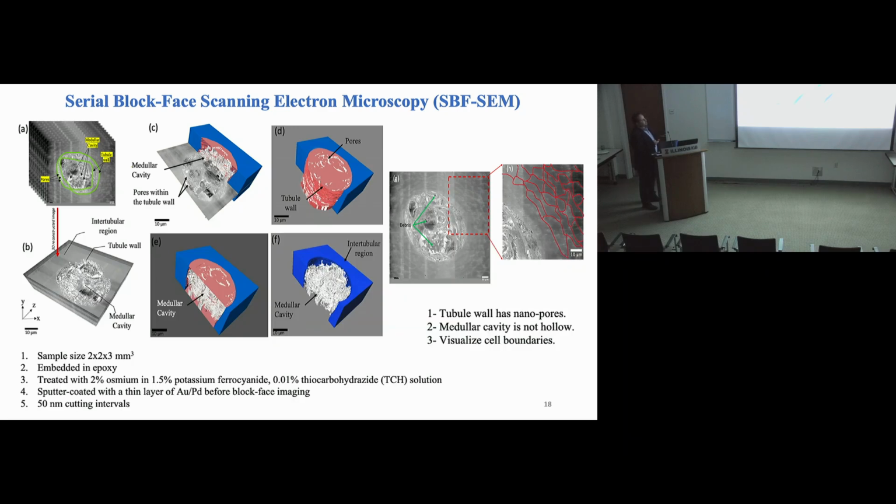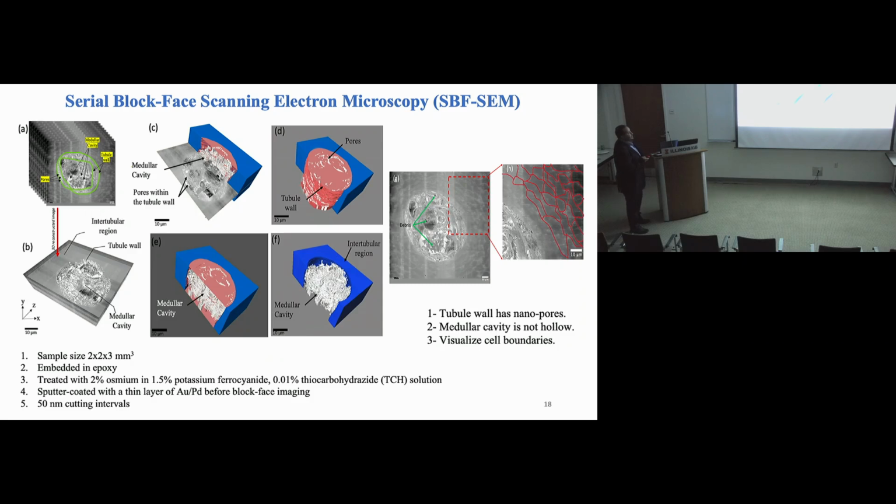And then from here, you can see that this is the tubule or a medullary cavity, and we started to see something fascinating at the nanoscale. Just to give you an idea of what is going on, this white color is the pores where the epoxy penetrated through the structure and stayed there, and this is soft tissue around it.